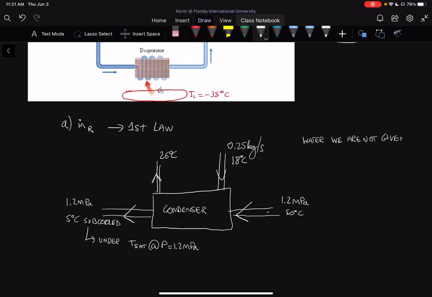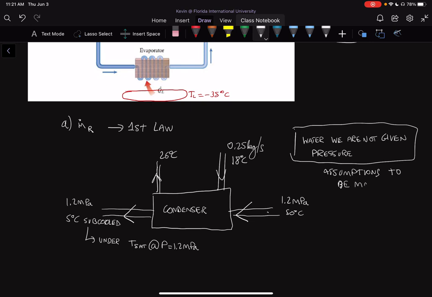And if we're not given pressure, it's going to be very hard to use our tables for the water. So we're just told water comes in at 18, leaves at 26. That's it. So we're not given pressure. And if we're not given pressure, we're going to have to make some assumptions. But we'll look at those assumptions in a second.